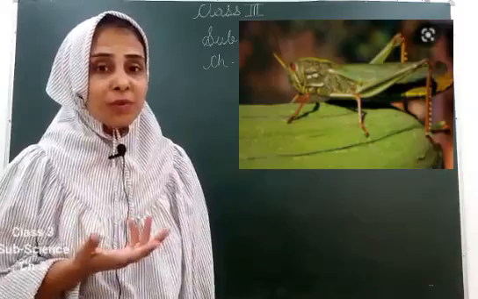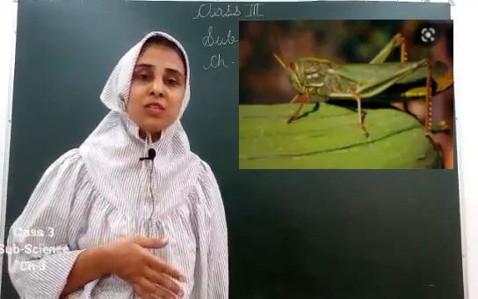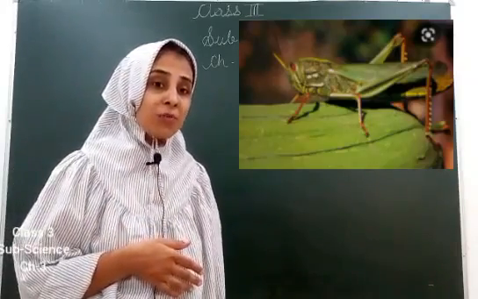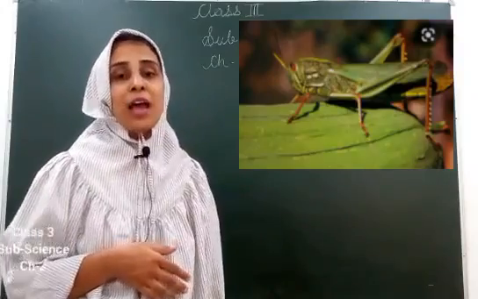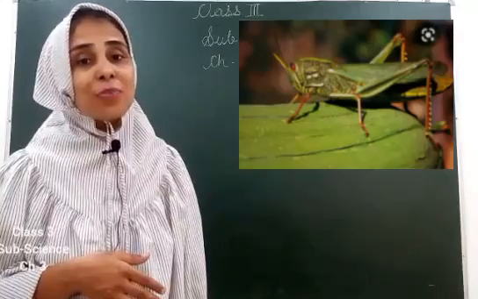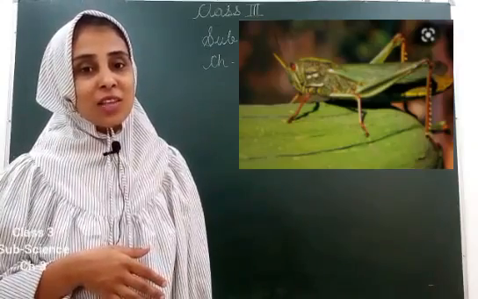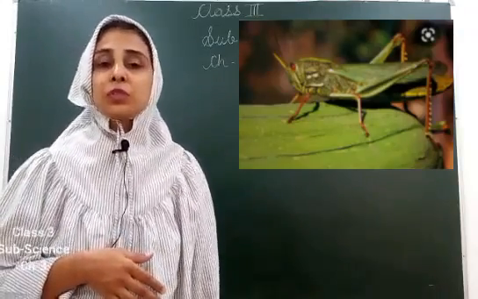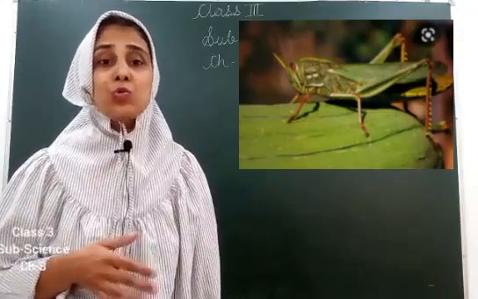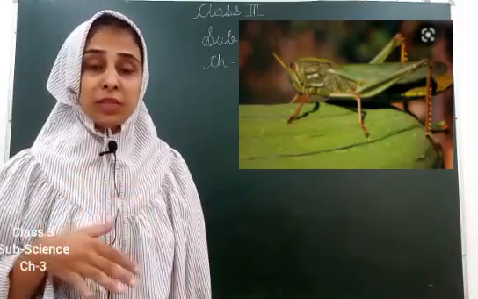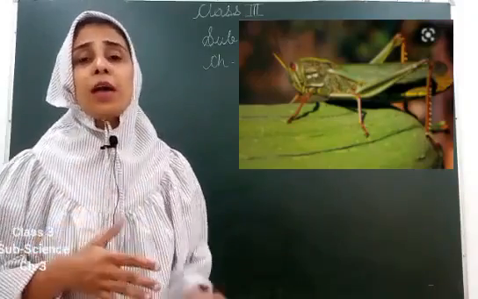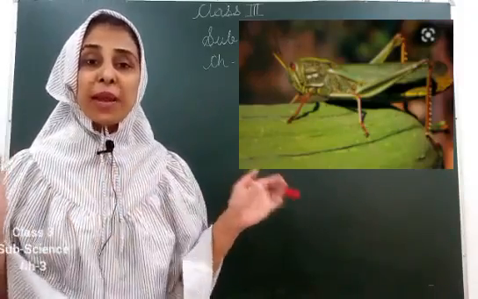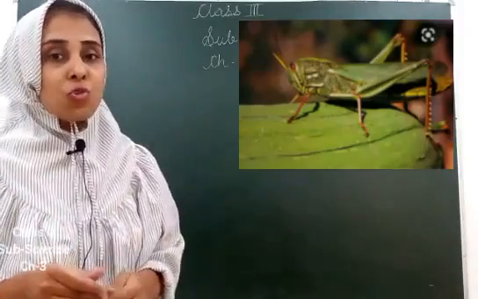Now grasshopper. Before this, we have learned about grasshoppers. In the food chain, I have told you about locusts. That is also a kind of grasshopper. Grasshoppers are usually found in a group, and it is not a small group, it is a very huge group.